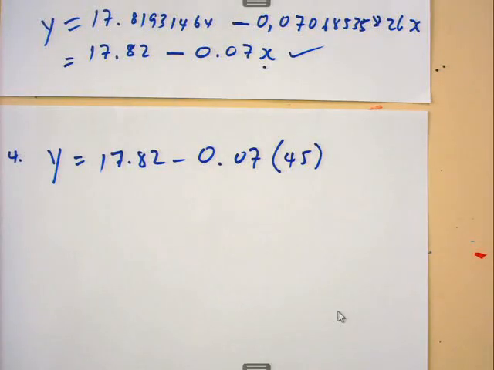Now we go to our calculator. I press 17.819314, trying to be as accurate as we can, minus 0.07068535826, but the x now is how much? 45 days.